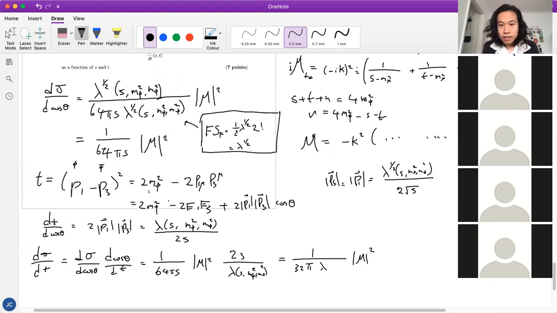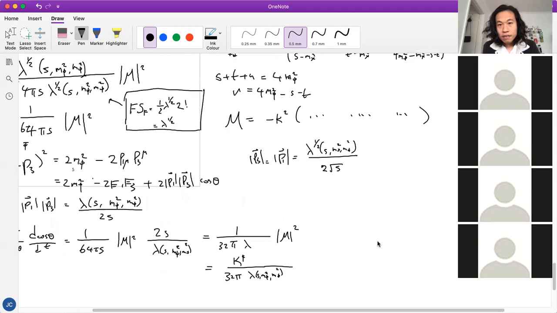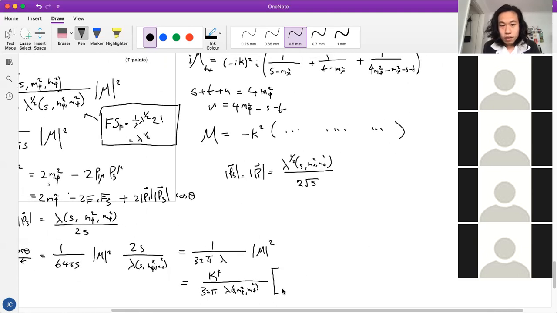Okay, and now I just plug in this m into here. So that gives me a kappa to the 4 from out the front with my 32 pi lambda, s, m phi squared, m phi squared. And now I get everything else in the bracket squared.